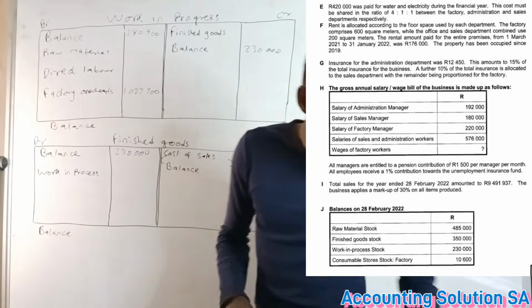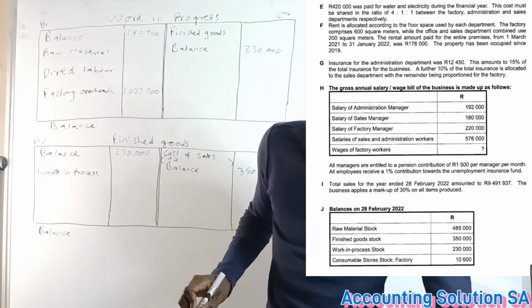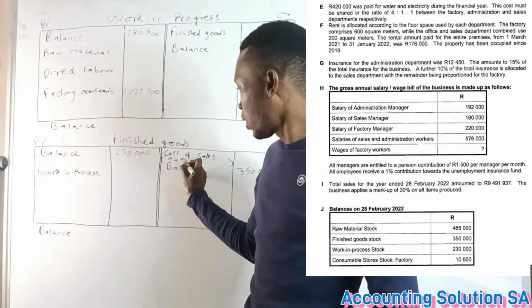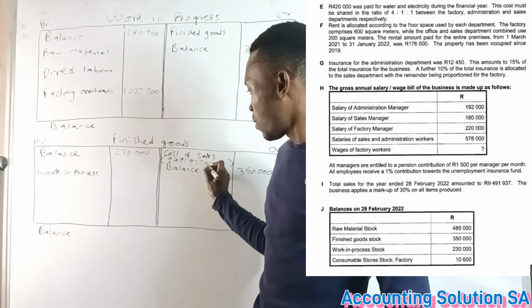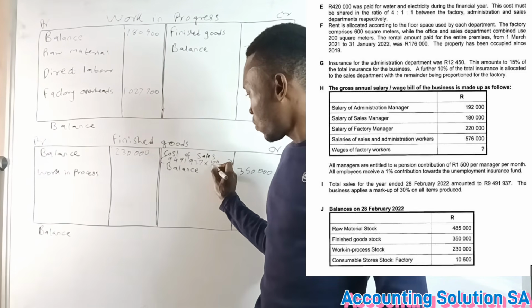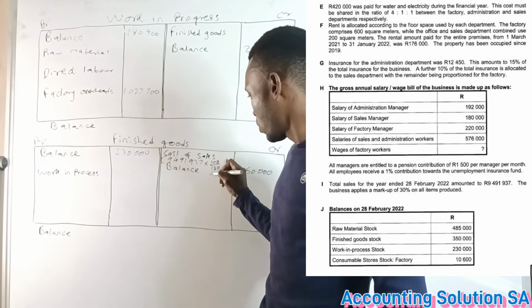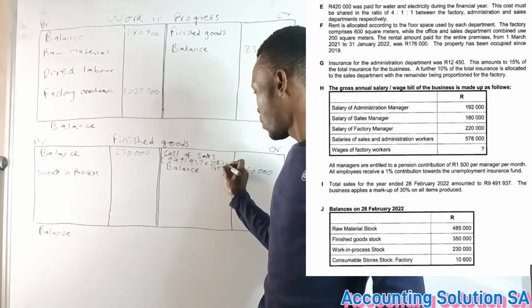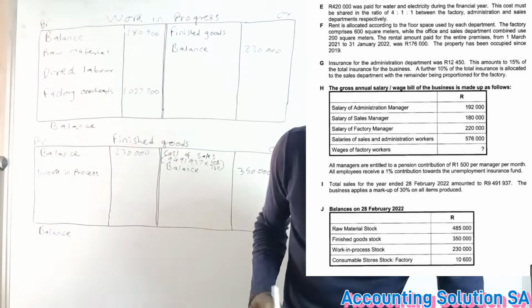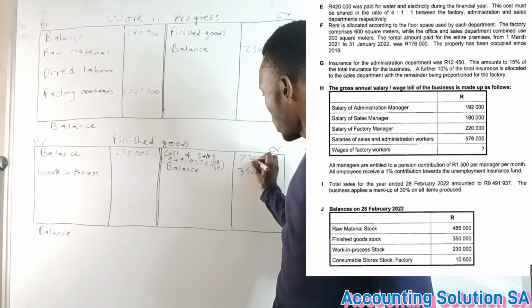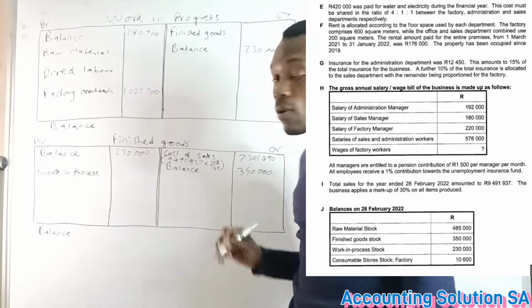Let's say 9,491,937, and we multiply by 100 over 130. Very simple. If you do all this calculation, you will get an amount of 7,301,490.